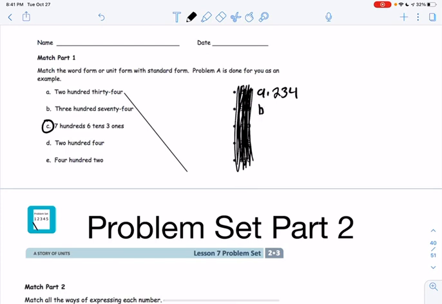B is 374. C was 763. D is 204, which we put as well. And then E is 402.